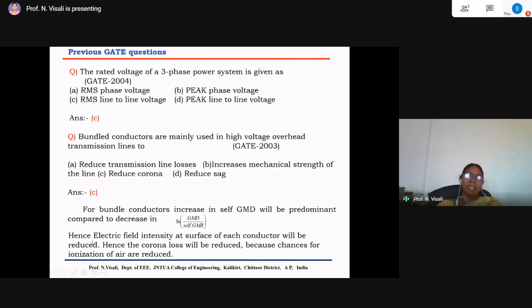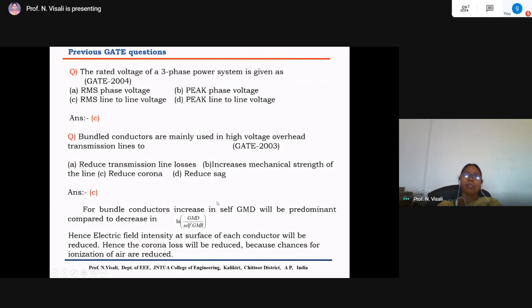The electric field intensity at the surface of each conductor is reduced because the GMD increases compared to the GMR. Because of that, the electric field intensity at the conductor surface reduces, corona loss reduces, and the ionization effect also reduces.